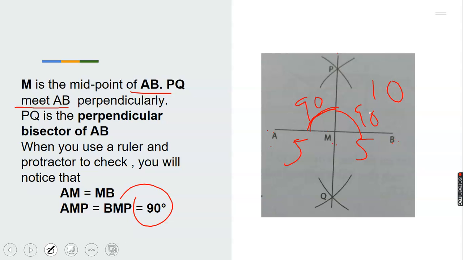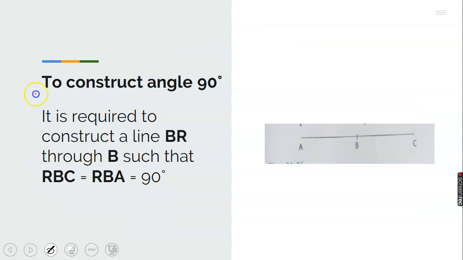We can use this method to bisect an angle of 180 into two 90-degree halves. Now, to construct an angle of 90 degrees, it is required to construct a line BR through B such that RBC equals RBA, which will give us 90 degrees.